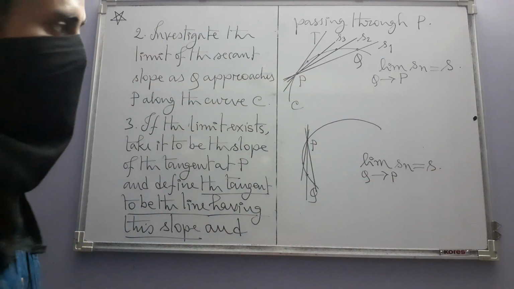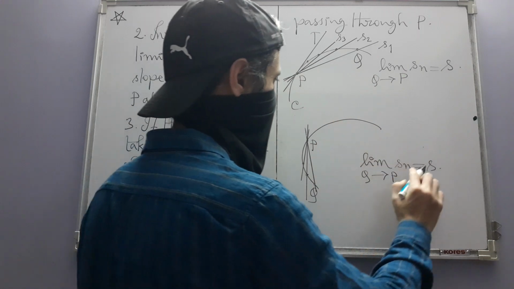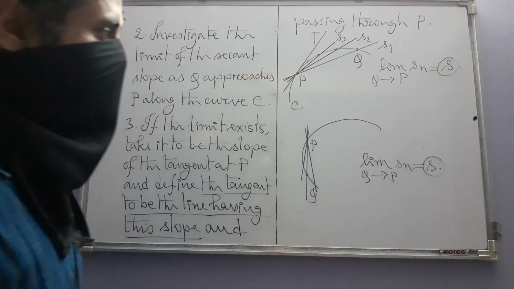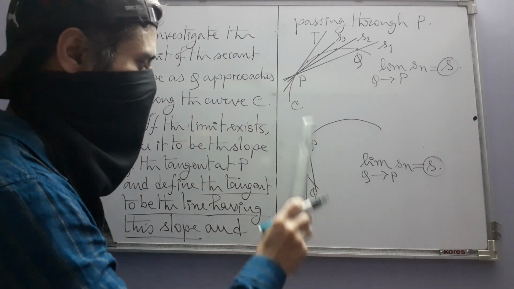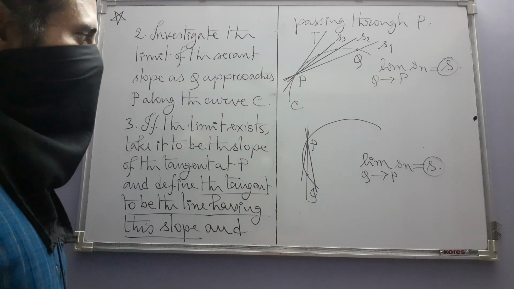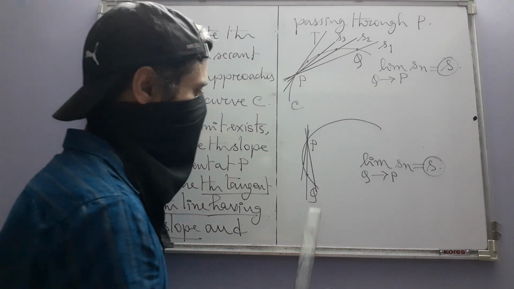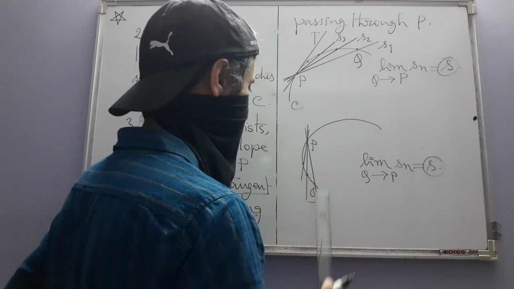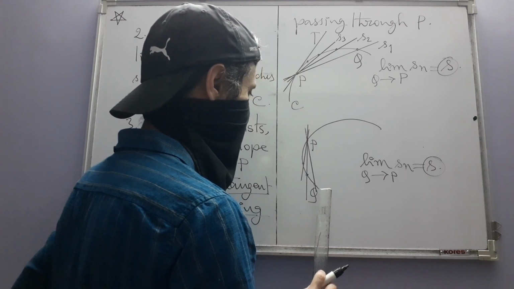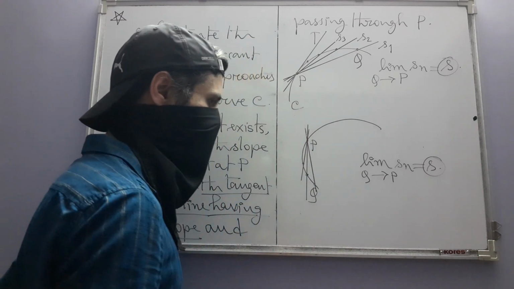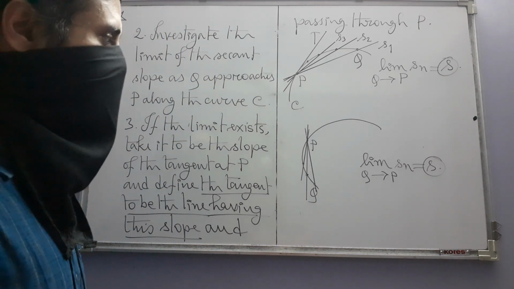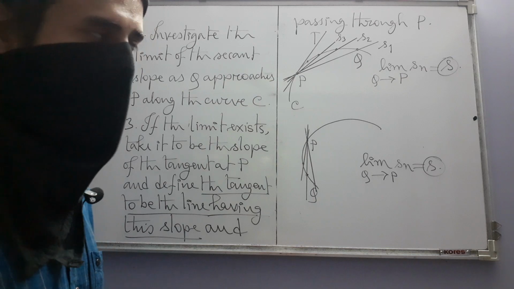Okay, then only we say that there is a common limit which is to be taken as the slope of the tangent to the curve C at the point P. And also keep in mind that whenever you are going through this process, you should not encounter vertical lines, because vertical lines do not have any slope, but that of course can be avoided easily by taking things carefully.